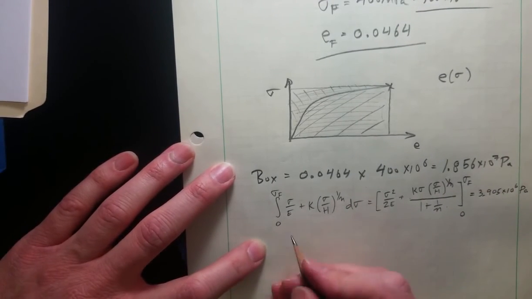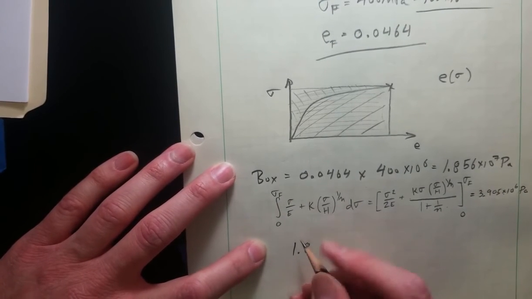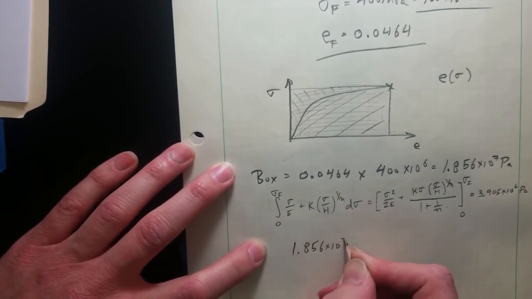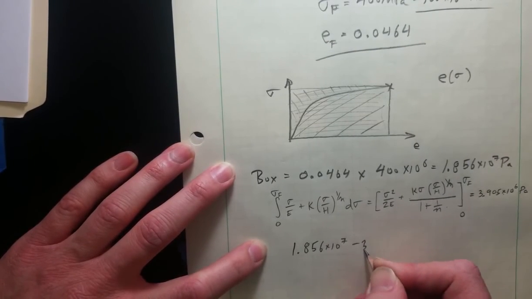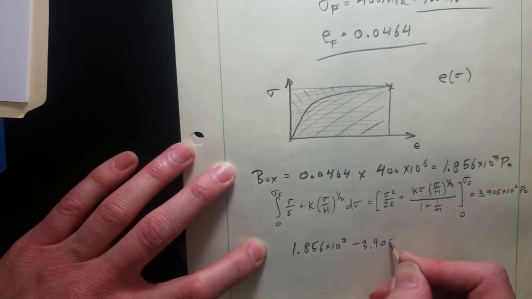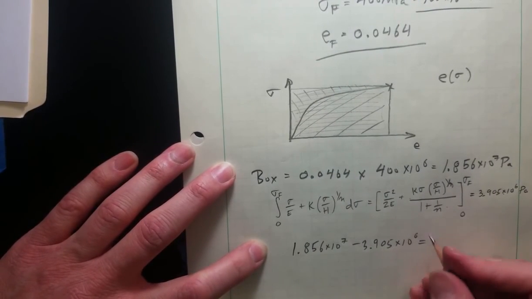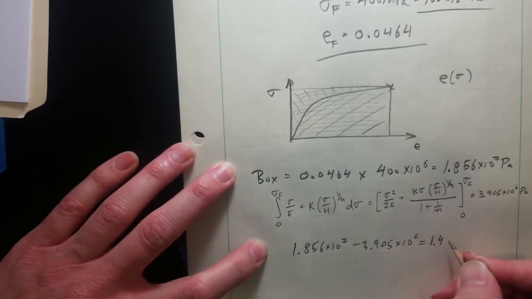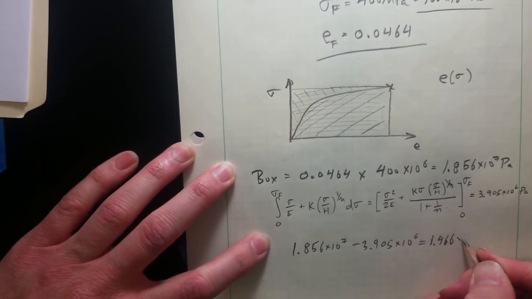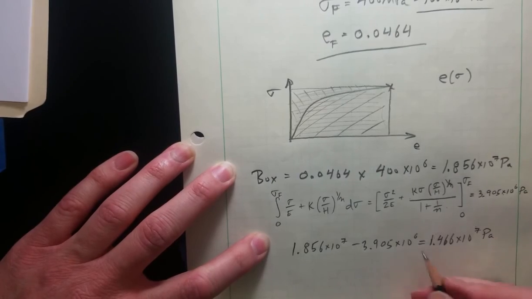So taking 1.856 times 10^7 minus 3.905 times 10^6, we get 1.466 times 10^7 Pascal.